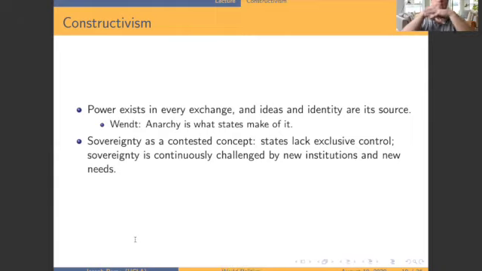Constructivists see power in discursive terms. That is to say that power is a dialogue between two states or two actors. The power of ideas, culture, and language are as important as the material sources of power.